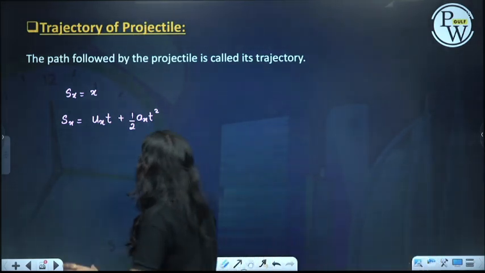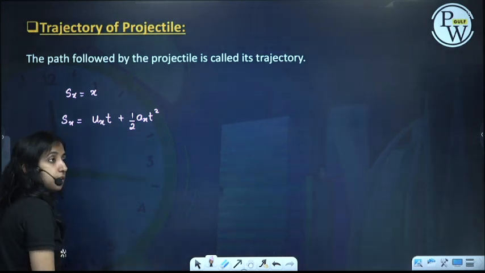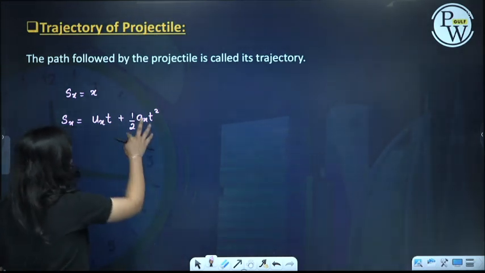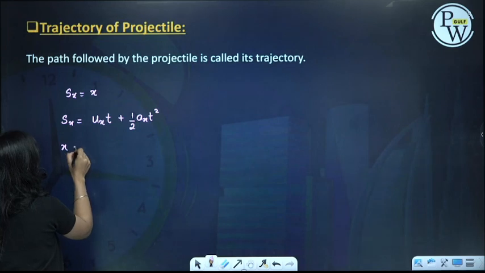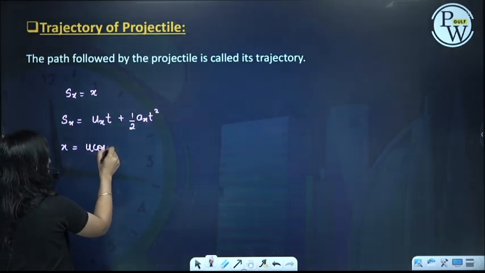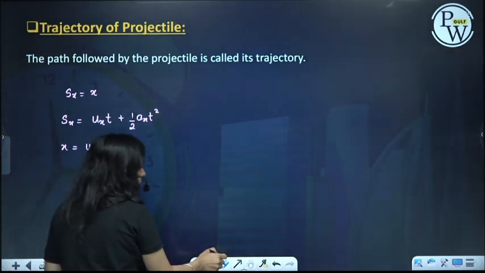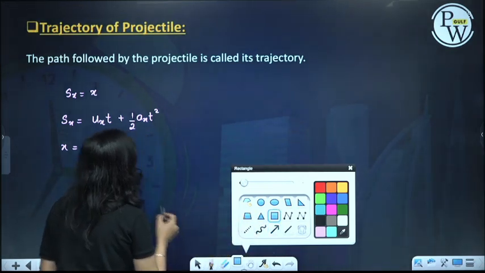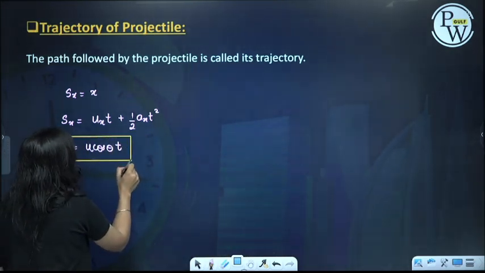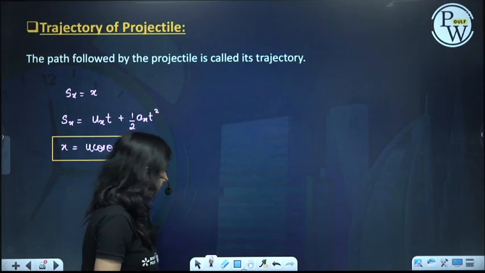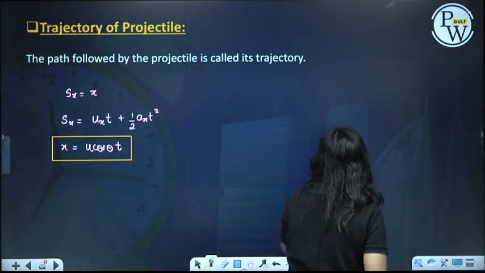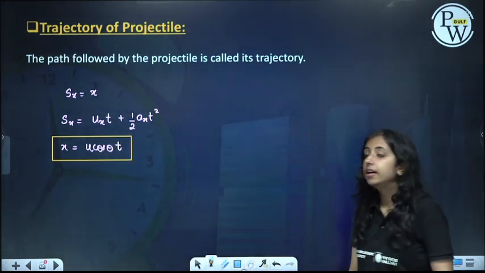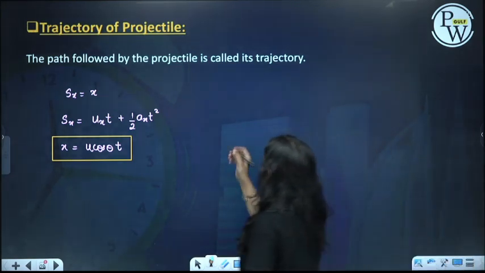So Sx is equal to uxt plus half axt square. Now this is 0, so x will be equal to u cos theta into t. So at any time t, what is the particle's position in x? It is u cos theta into t.